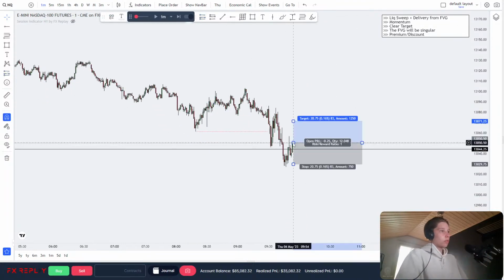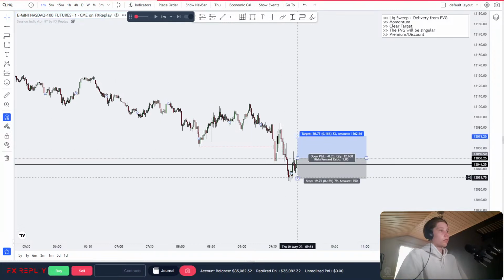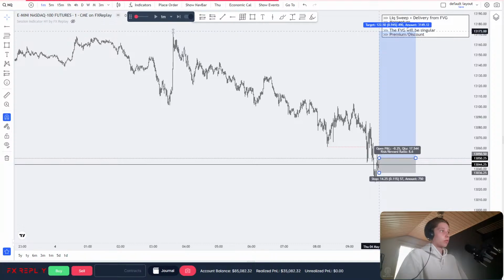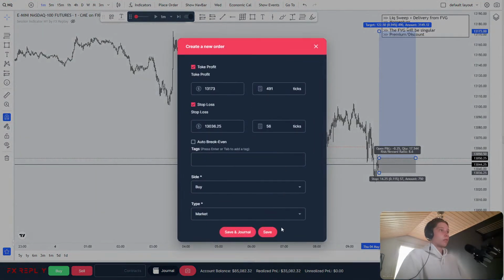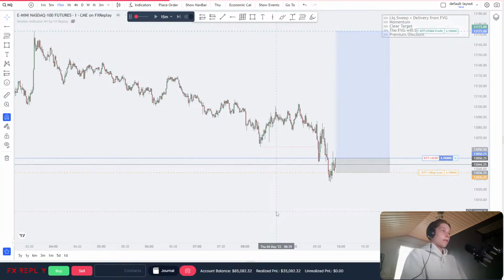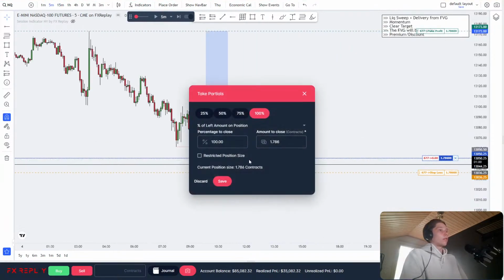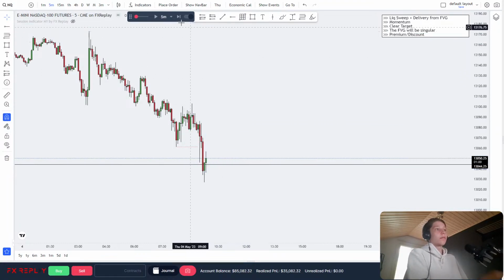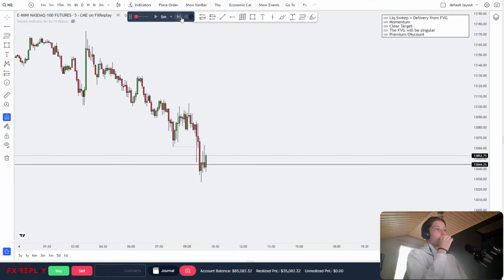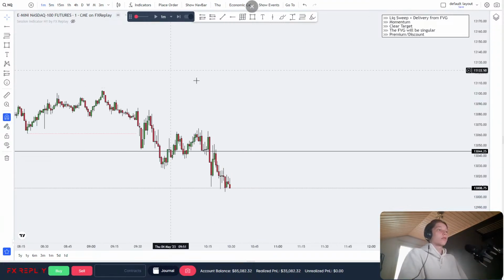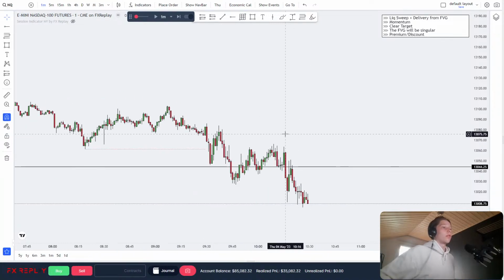So I want to take it, but with a smaller lot size again, because there is a possibility of momentum to go up here, but I just don't buy the setup fully. Okay, I'm actually not taking that. I want this M5 inversion before I can take any of it. And we just saved ourselves from a loss.